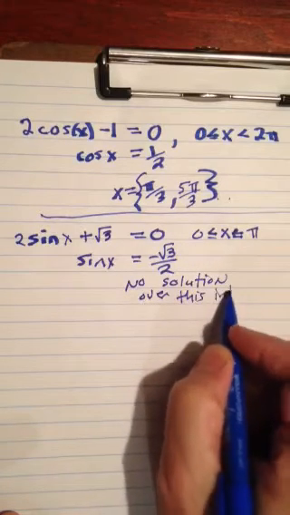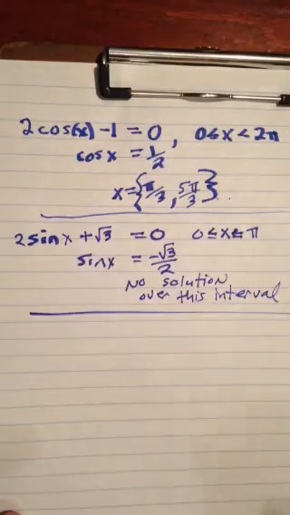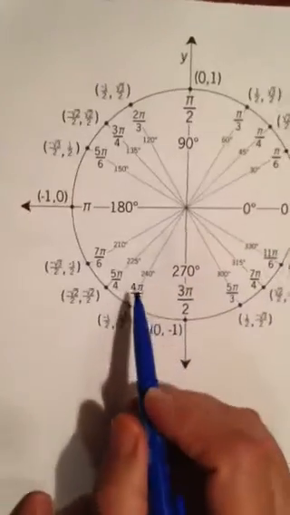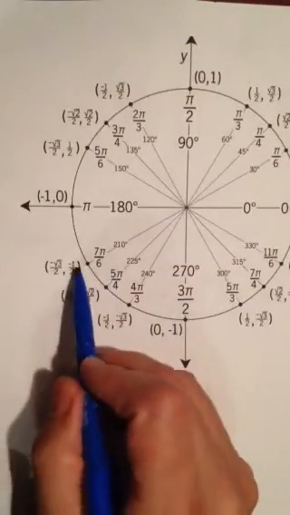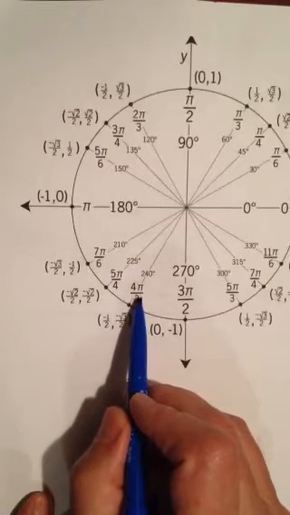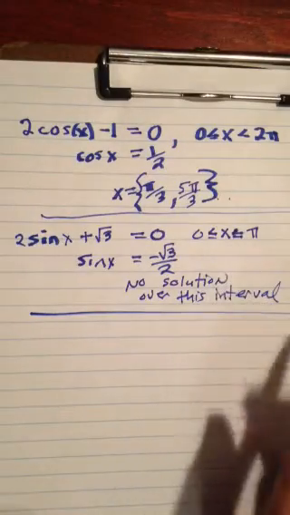That'll happen sometimes. If it said 0 to 2 pi, then we would have included the values at 4 pi thirds and 5 pi thirds. So this interval is very critical.